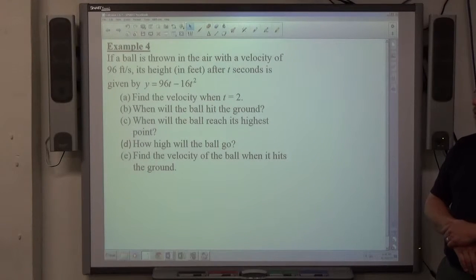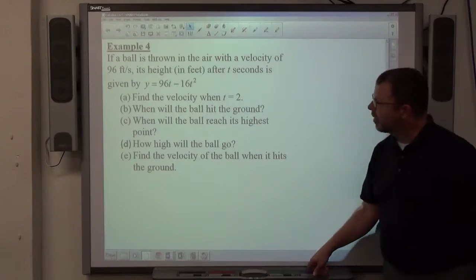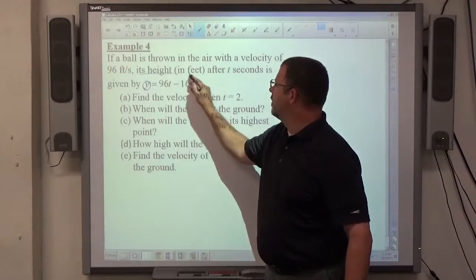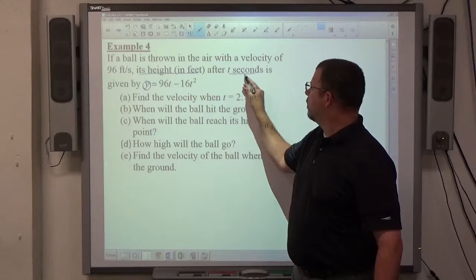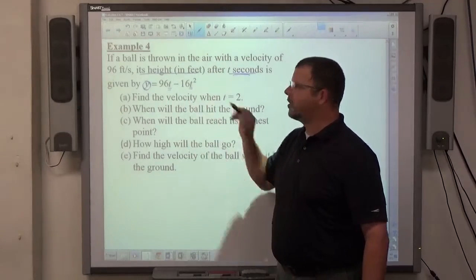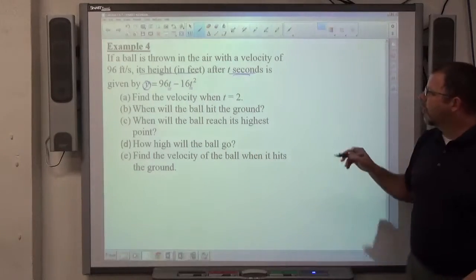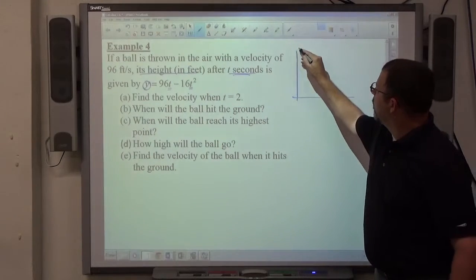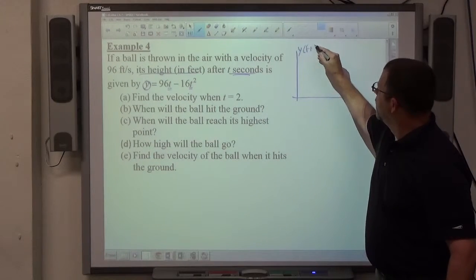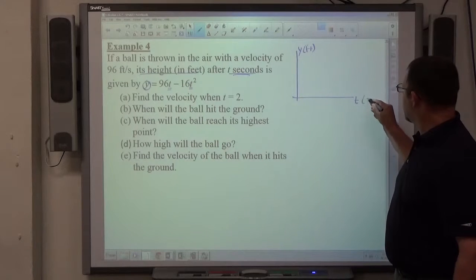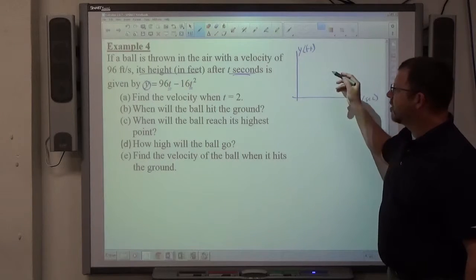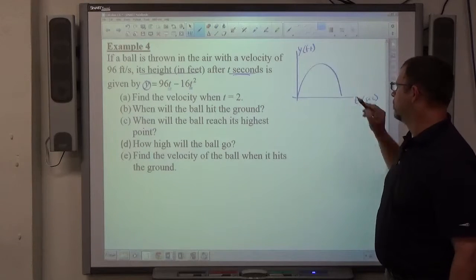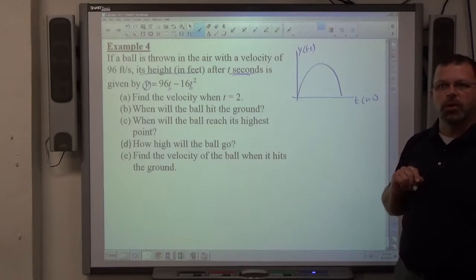Because if I were to graph this equation, the y-coordinate represents its height in feet, and the x-coordinate, t, represents its time in seconds. So if I were to graph it, and y represents feet, and t represents seconds, it'll look kind of like this, just for the sake of looking at what the graph would look like.